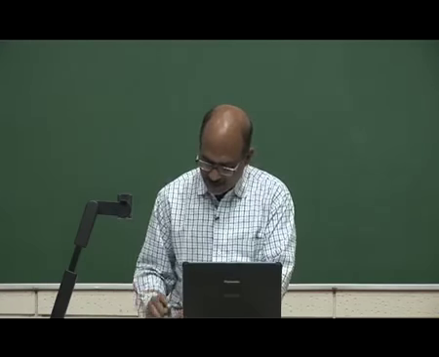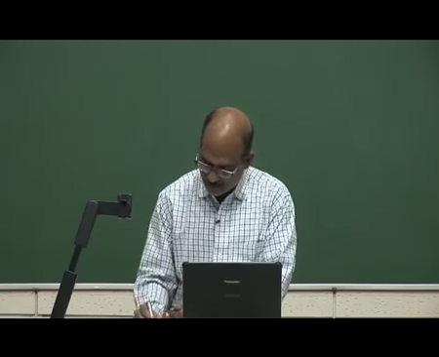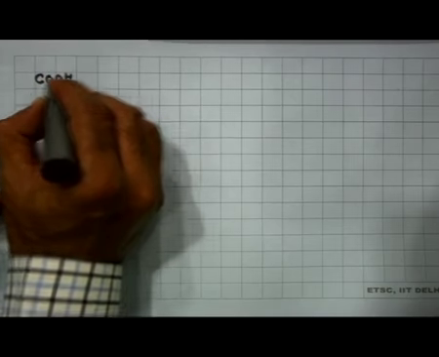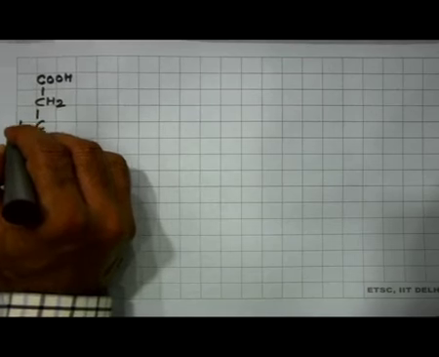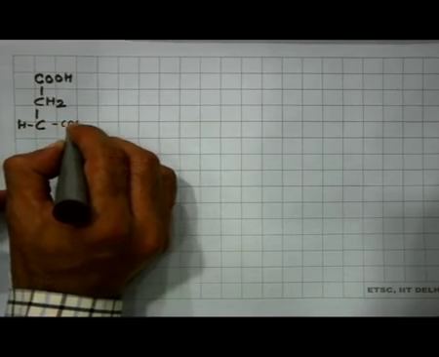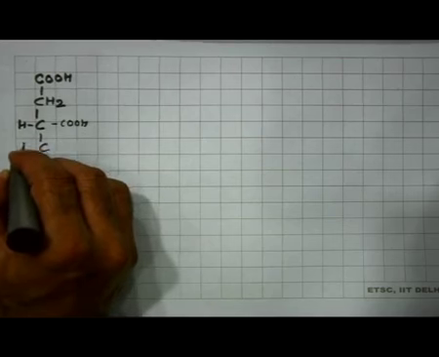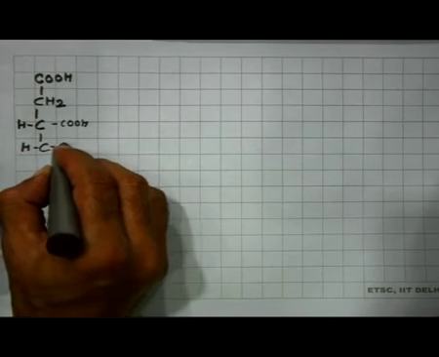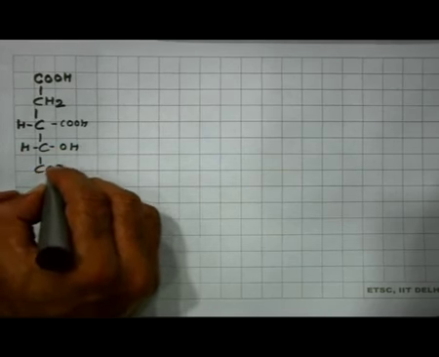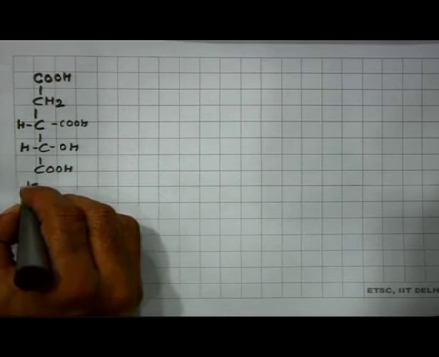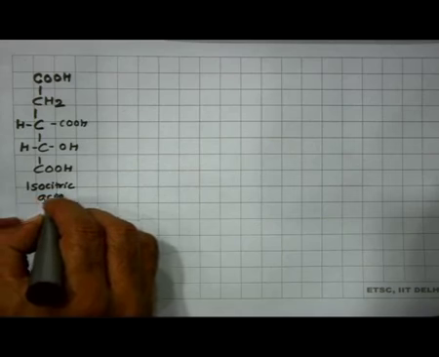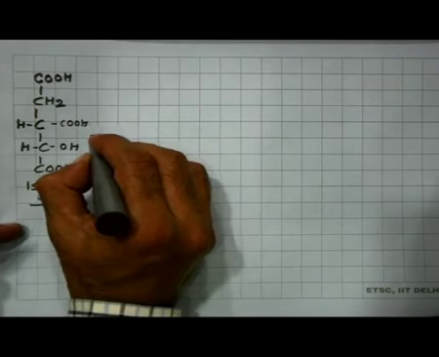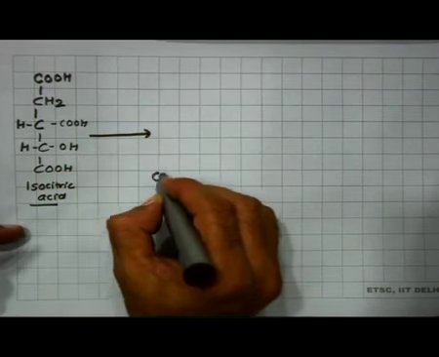From the isocitric acid: COOH, CH2, CHCOOH, CHOH, COOH. This is isocitric acid. It is converted into oxalosuccinic acid.